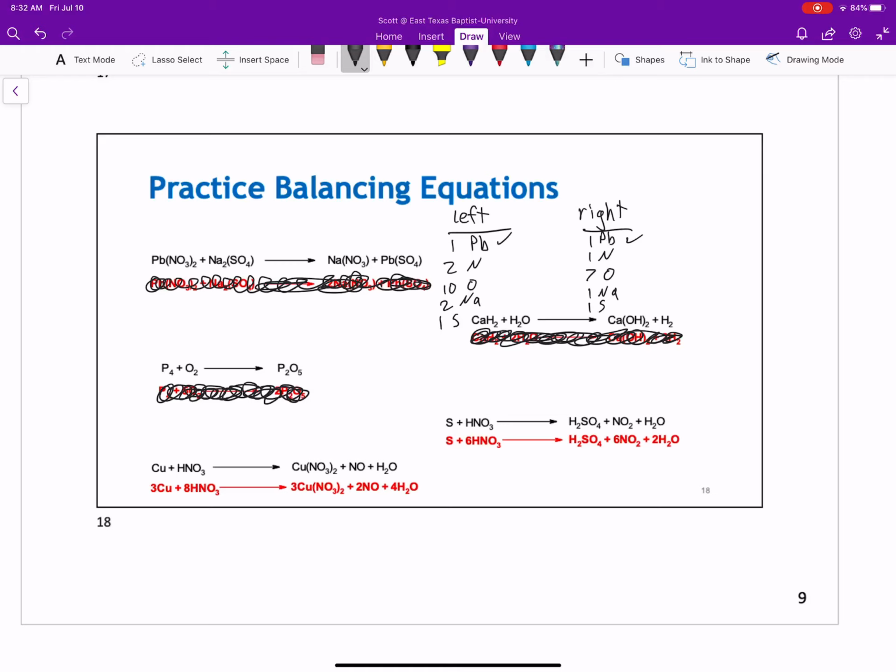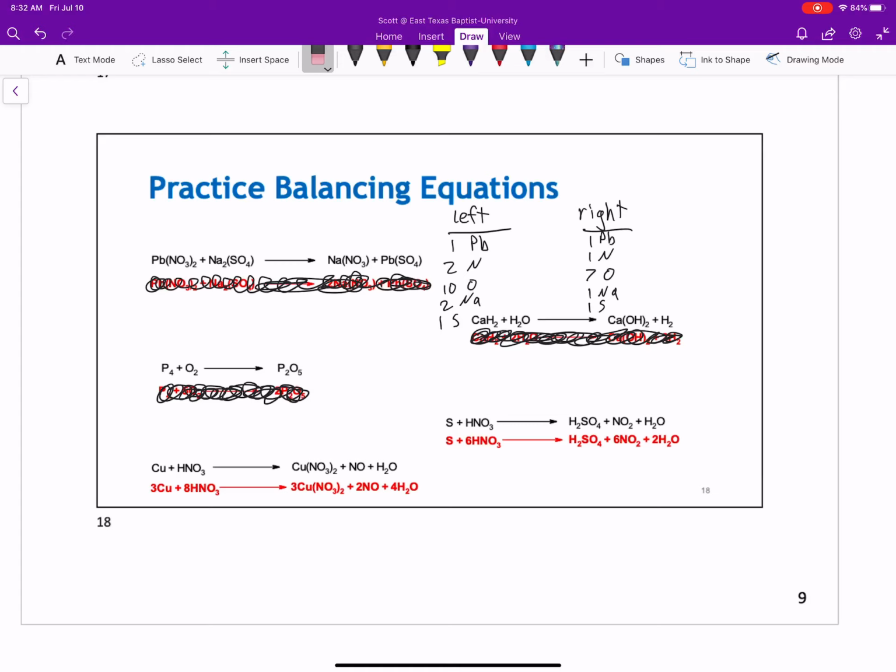For instance, if I mess with the lead on the left-hand side by putting a coefficient, it's going to affect the nitrate that's attached to it and then readjust all the oxygens and nitrogens. If I affect the lead sulfate on the right-hand side with a coefficient, then it's going to change the sulfur and the oxygen. So it's better to just leave it alone for now and only mess with it if we have to.